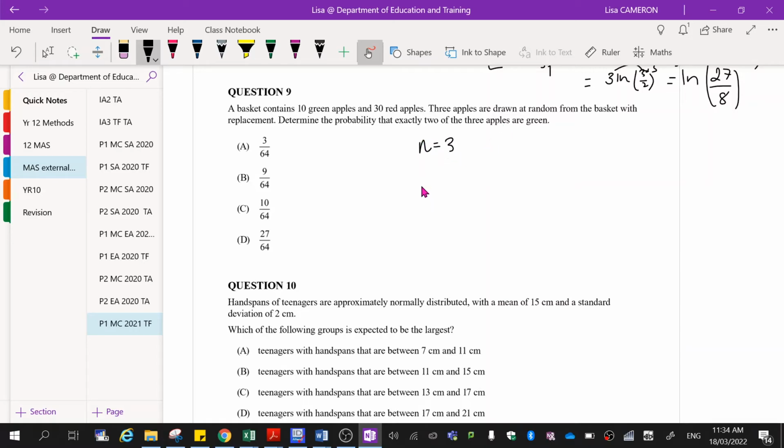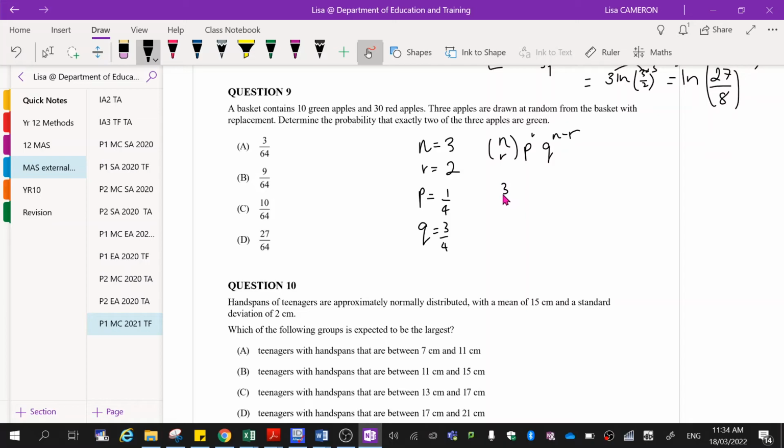Now, we're going to be doing 3 trials. Out of the trials, we want 2 successes. The probability of a successful green apple is going to be 10 out of the total, which is 40. So that'll be 1 in 4. And your probability of failure is going to be 3 in 4. Okay, so now I just plug it into the formula that's given to me on our formula booklet. p to the power of r, and then it'll be q to the power of n minus r.